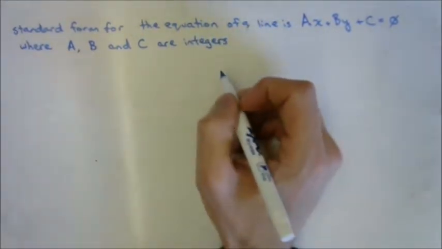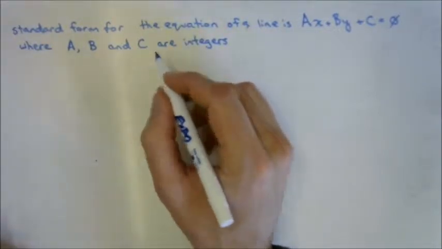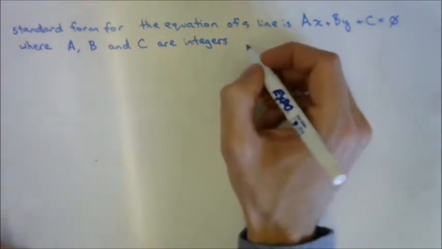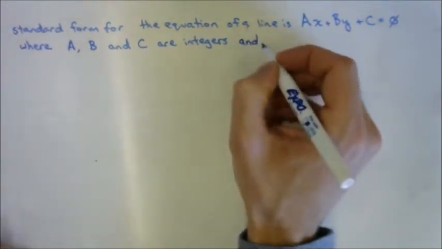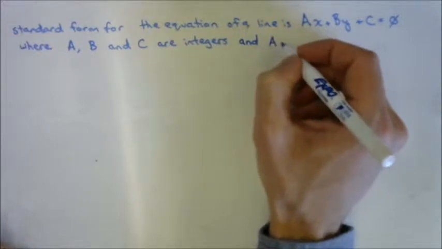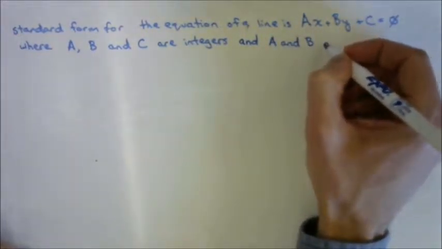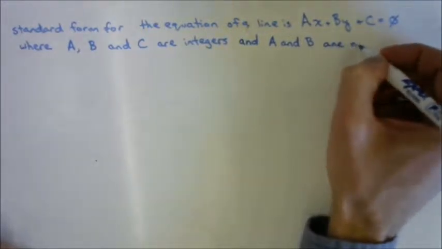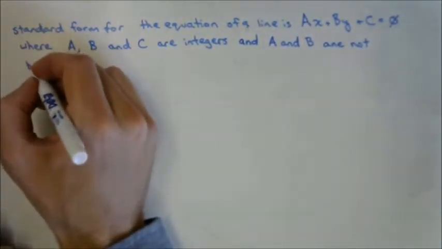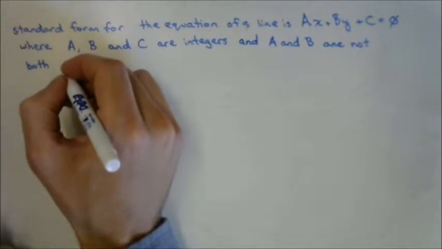That means they're positive or negative whole numbers, or they could be 0. Except here's another guide for us, and capital A and capital B are not both 0.